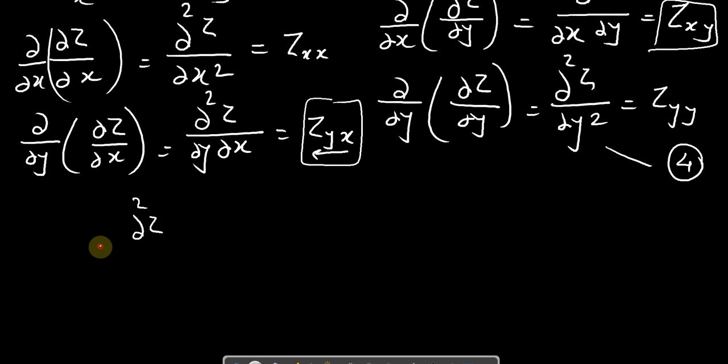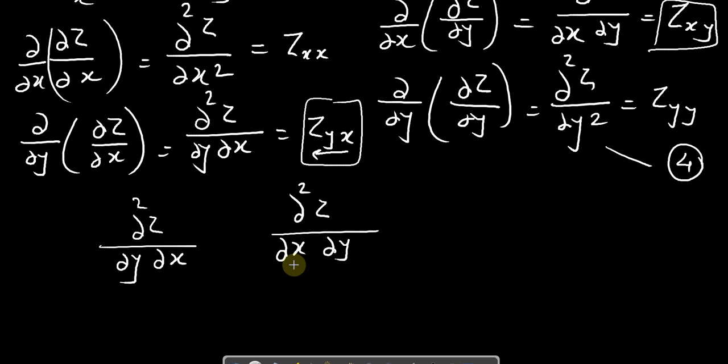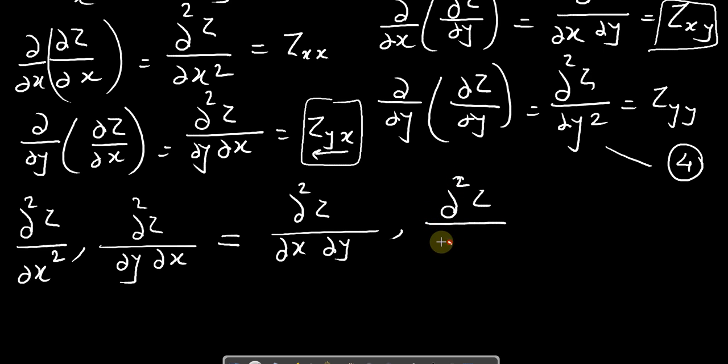If we first differentiate with respect to x, then y, or if we differentiate z first with respect to y, then x, these two values are the same. Therefore, we get 3 derivatives at second order: dou square z by dou x square, dou square z by dou y dou x or dou x dou y, and dou square z by dou y square.